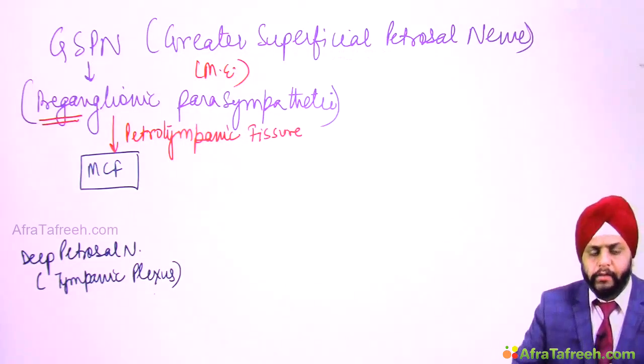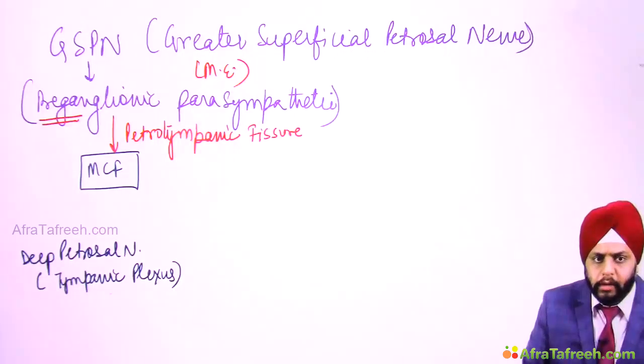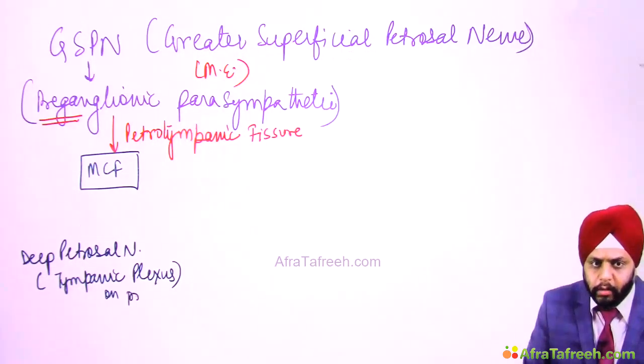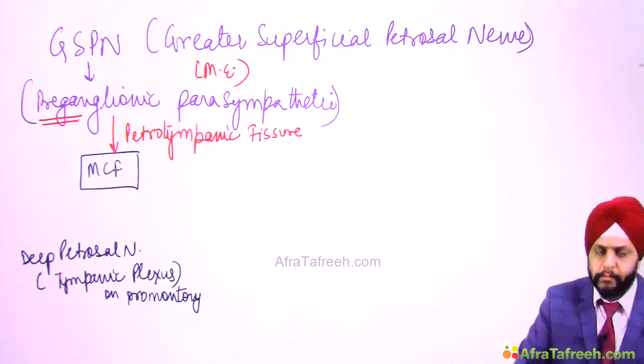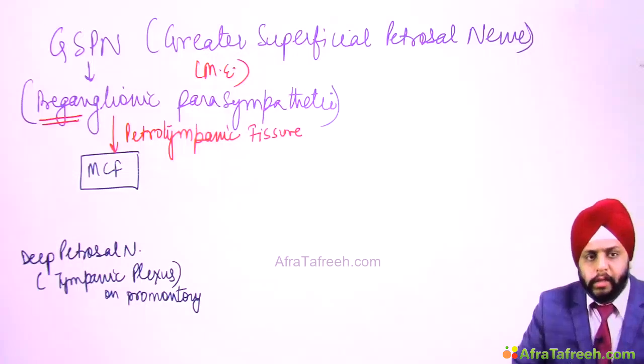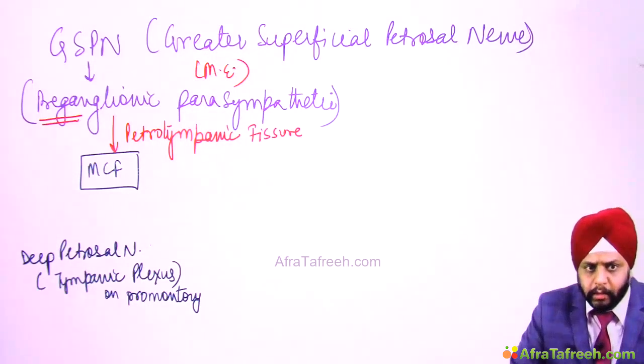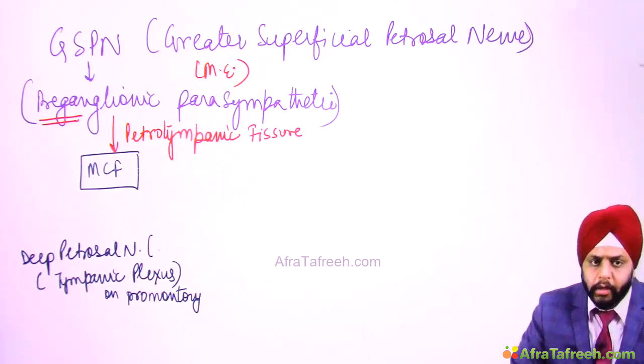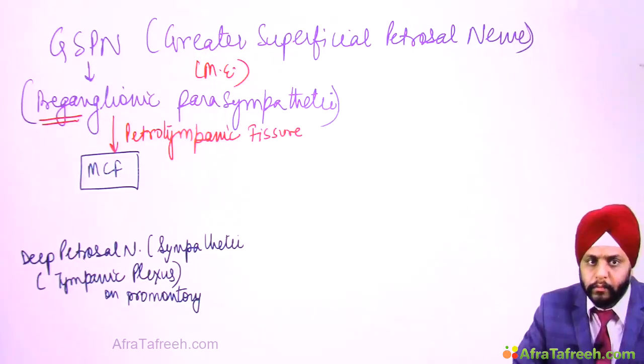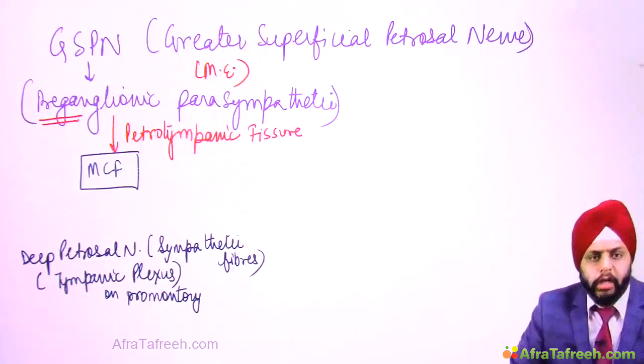Okay, so it arises from the tympanic plexus that is on the promontory. Promontory means it is on the medial wall of middle ear. Now this deep petrosal nerve, it carries sympathetic fibers. Okay, so the deep petrosal nerve is carrying sympathetic fibers.